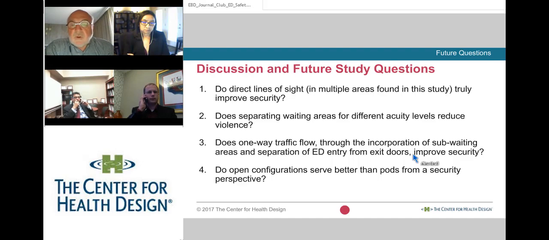The one-way traffic flow, again, is what DJ just talked about, of understanding if some kind of sub-waiting in the space is beneficial to improving security. And then that question that someone has already raised earlier of, how do pods versus open linear configurations perform in terms of some kind of measurable security outcome?